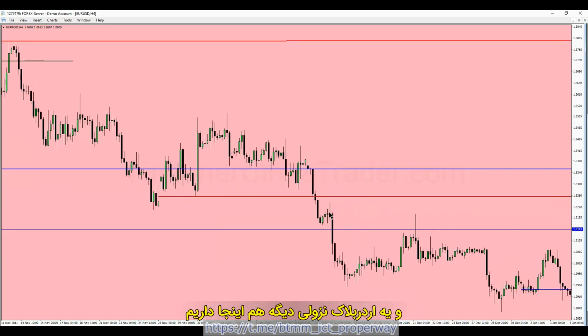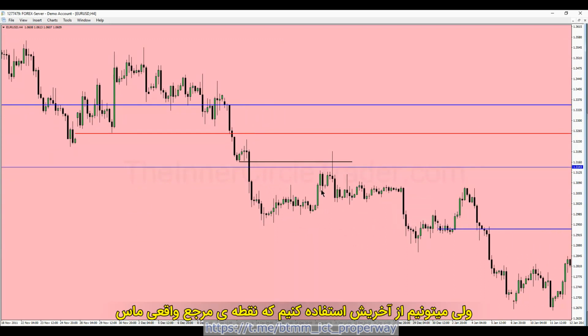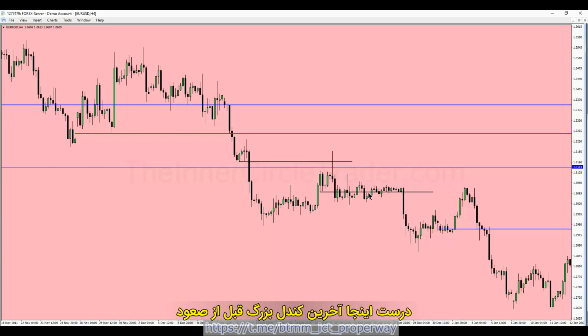And we have another bearish order block in here. Right there. Right here. We have another bearish order block here, but we can also use this last one here. That's the real reference point right there.